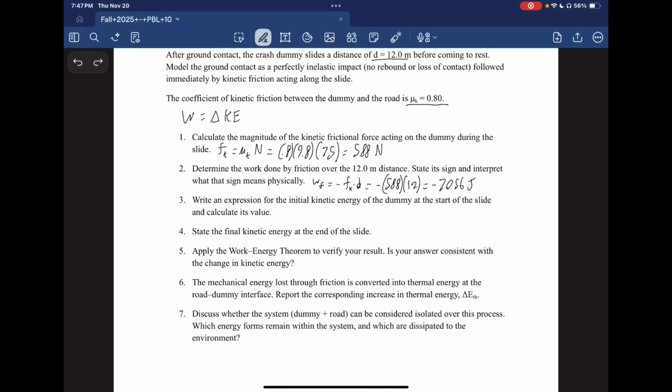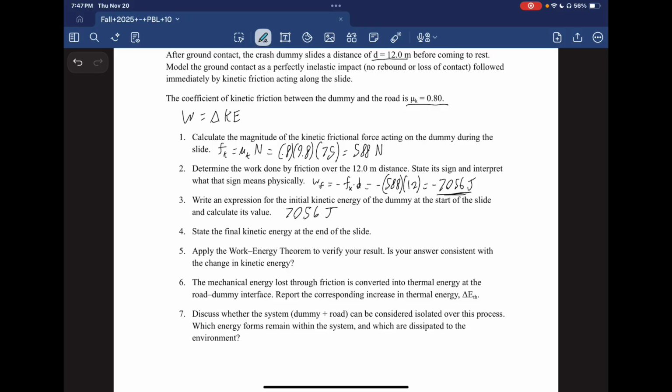And so if we have the work of friction and we know no other forces are doing work, in other words, there's not any air resistance or somebody trying to speed him up or slow him down, we can say that this value is equal to the change in kinetic energy, without the negative sign. So it's just 7,056 joules.